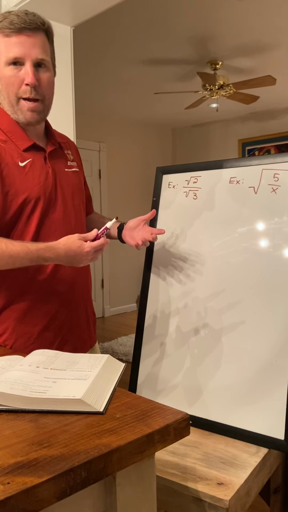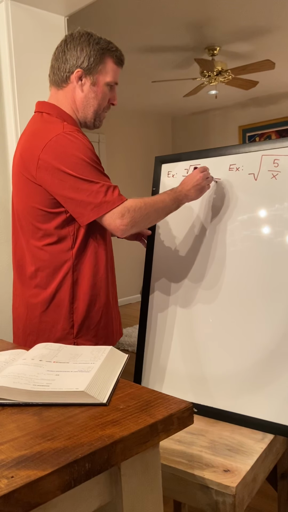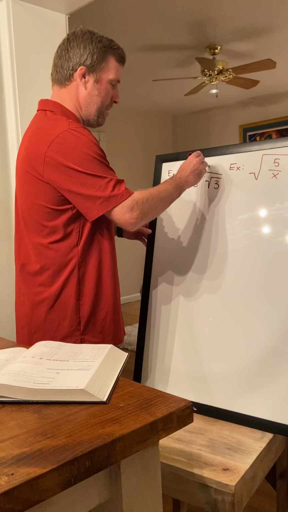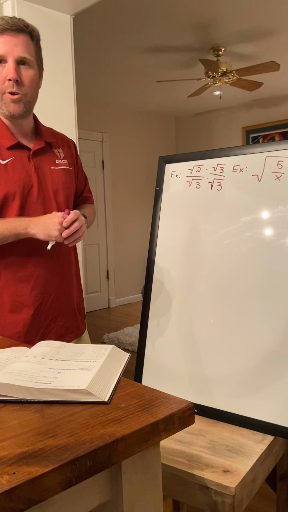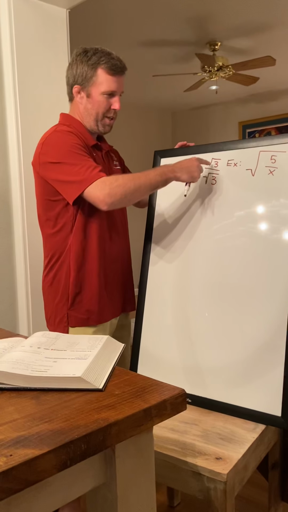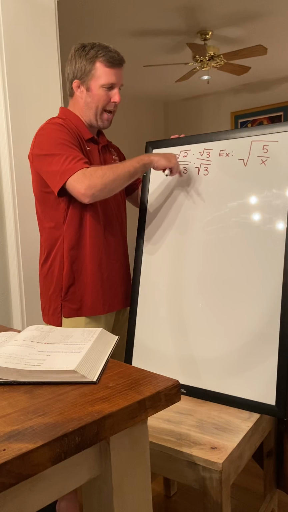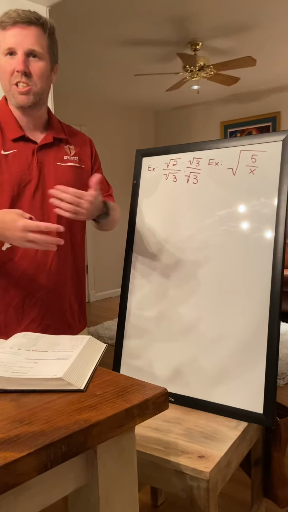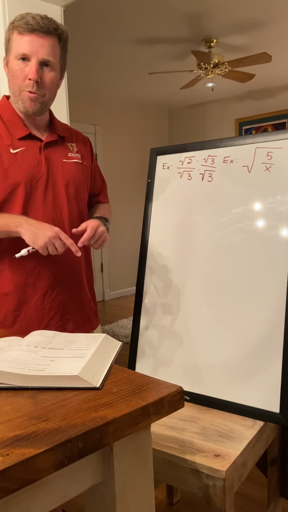So for this first example, I need to multiply the top and I need to multiply the bottom by the square root of 3 over 3. Think about it. The square root of 3 over 3 is 1. So I'm multiplying this fraction by 1. That doesn't change the value. But what it does do is it allows me to get rid of that radical in the denominator.